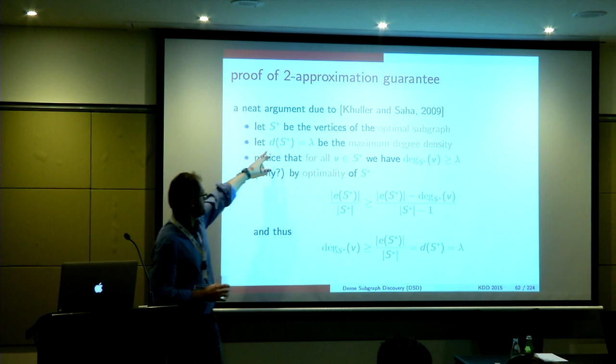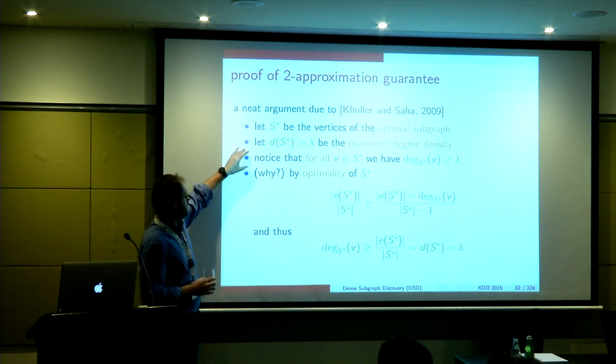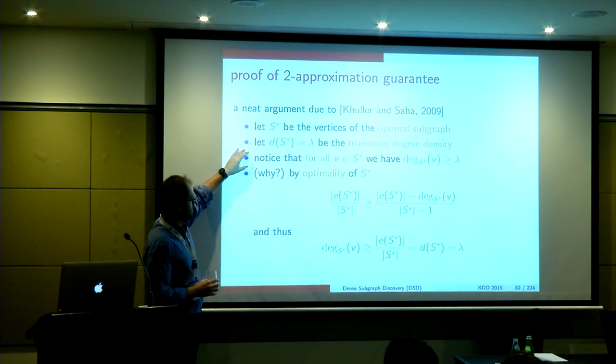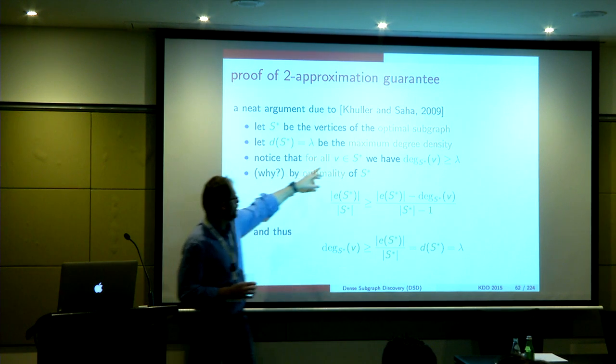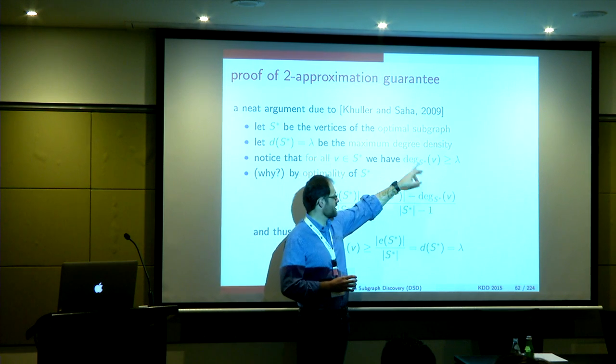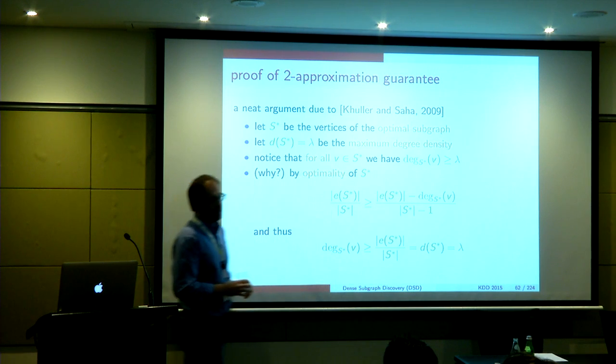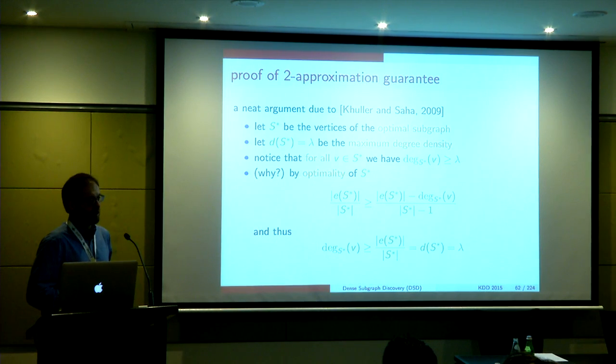So this is the density of the S star. Now, I claim that all vertices in S star have degree at least lambda, neighbors inside this optimal solution.